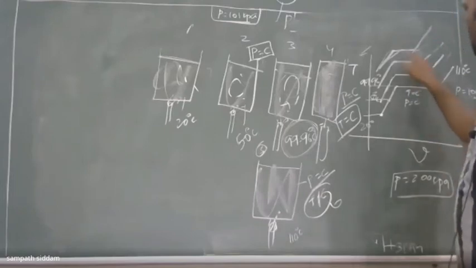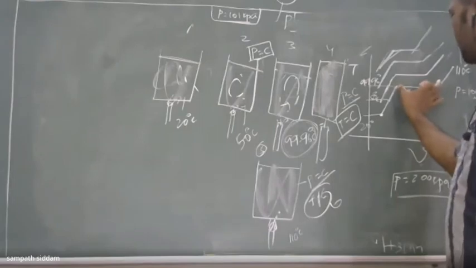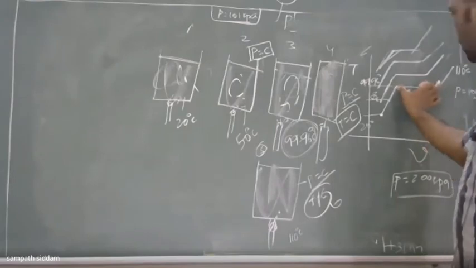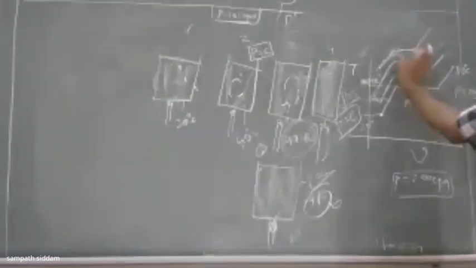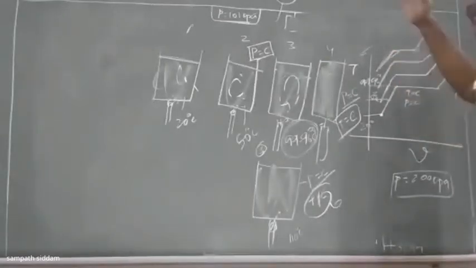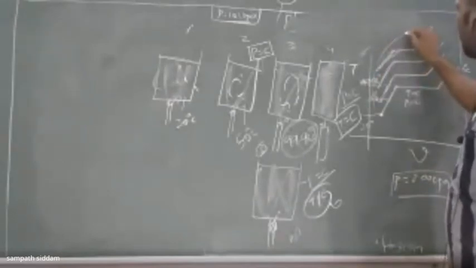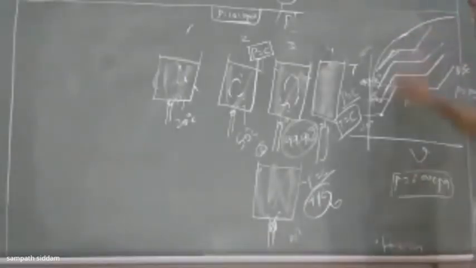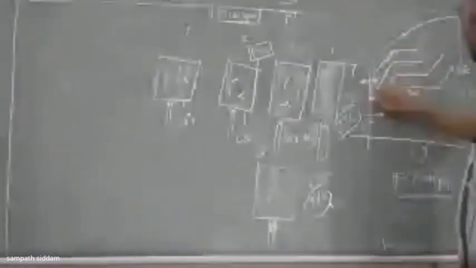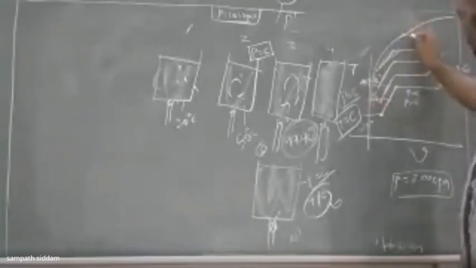If you observe the length of this where your temperature remains constant but your liquid is converting into vapor, this is higher, and this becomes lower, and this becomes lower, and this becomes lower as your pressure is increasing. And finally, at one particular point, there may be no change in phase, where the liquid present over here is directly converted into the vapor. There is no conversion in between, direct conversion.